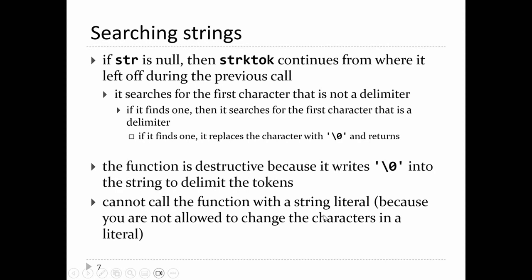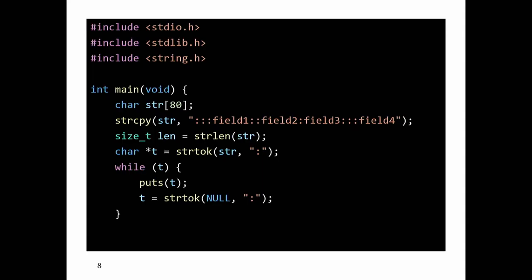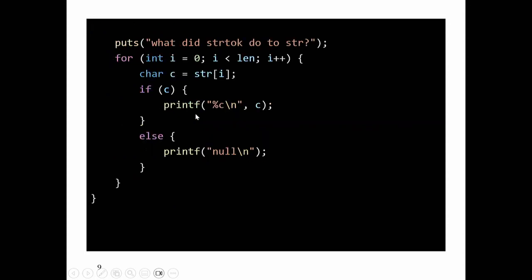So if you pass a string literal to this function, it's going to try to write these into it, and that's probably going to cause a problem. So you can't parse a string literal. That's why I have to do a string copy here. I can't just pass in this string, because that's a literal. I have to copy that string into an array, and then I can process the array. You can sort of see that this function kind of sucks, but that's the way it works.